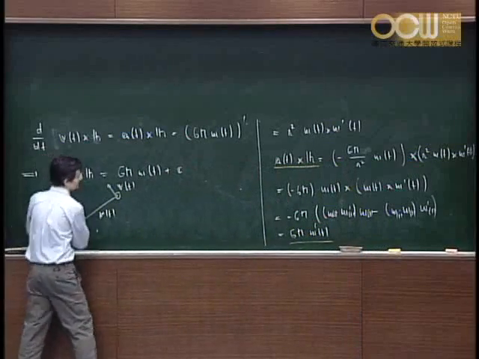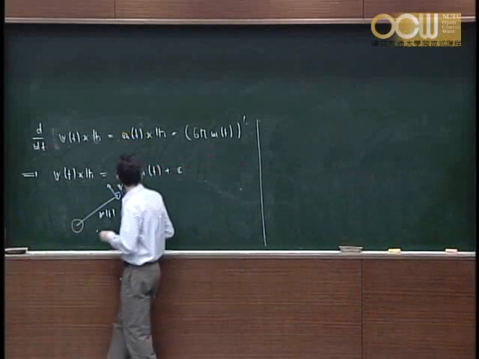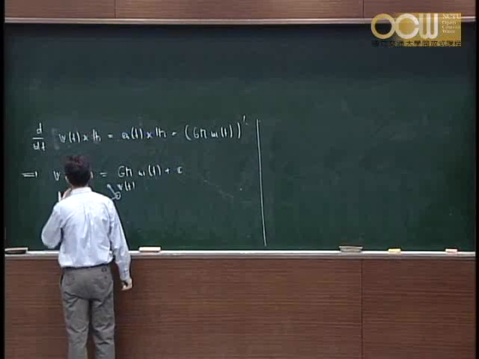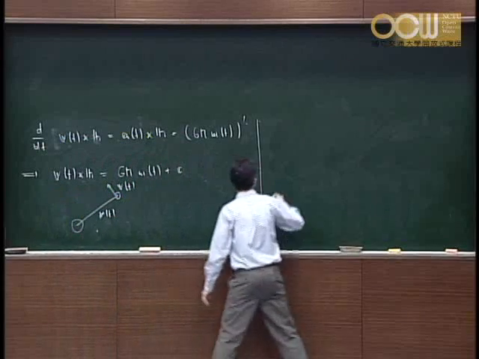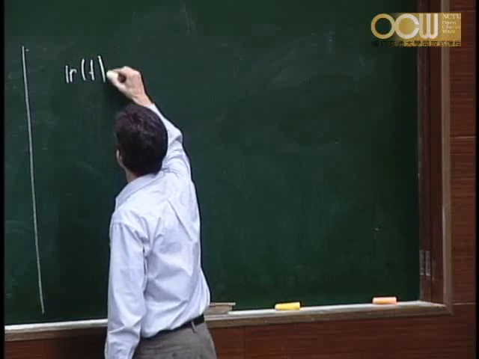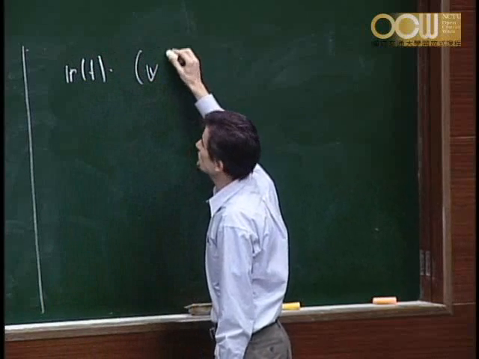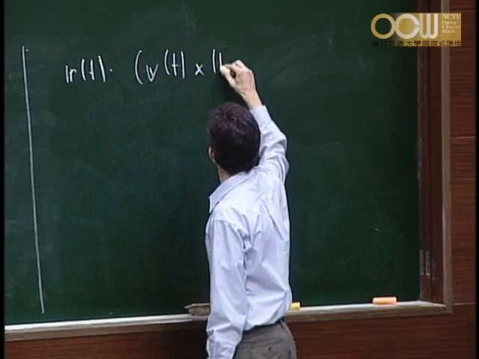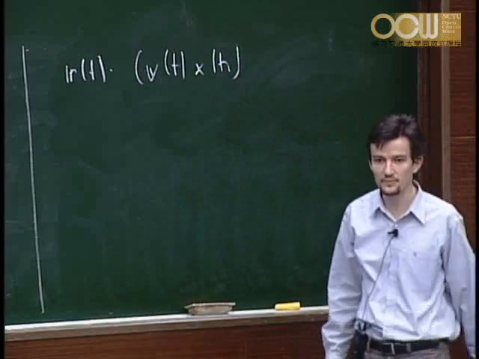Okay, now actually we are almost there. Now from here we multiply everything with the dot product with r of t. So if you look at the dot product of r of t with the vector product of v of t and h, you remember this was called the scalar triple product.